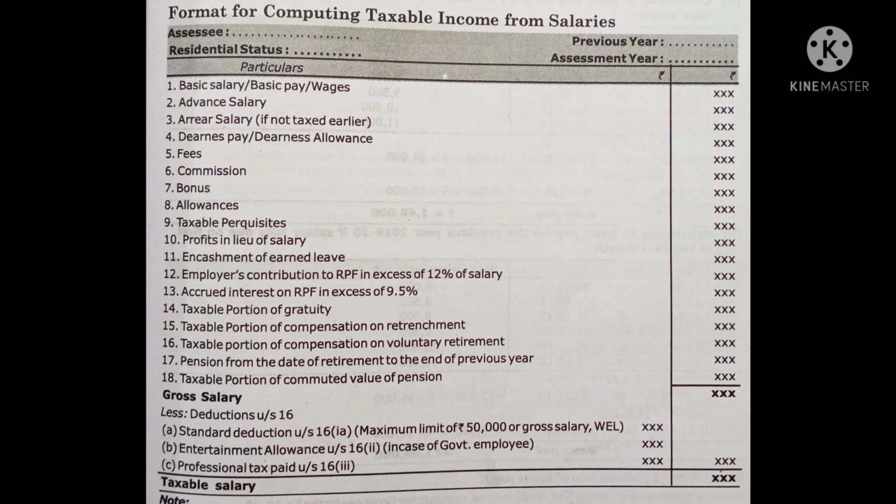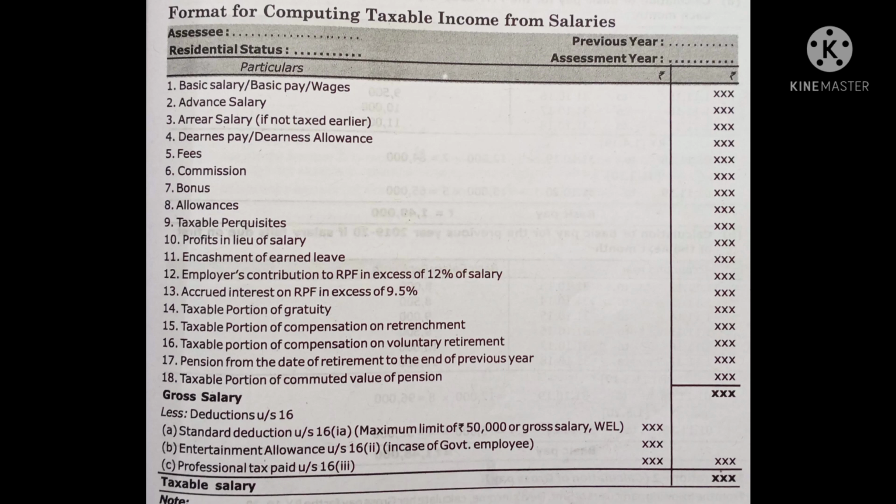So all these 18 points one by one we will be studying in detail, and each topic will have problems as I told you. When we are solving the problems on each topic, I will be explaining the meaning of that and how it is received and how the taxable amount will be computed.